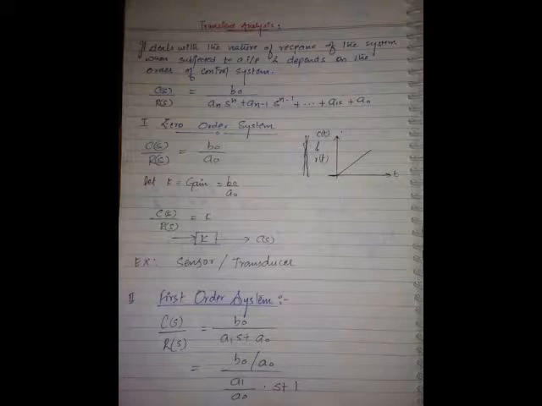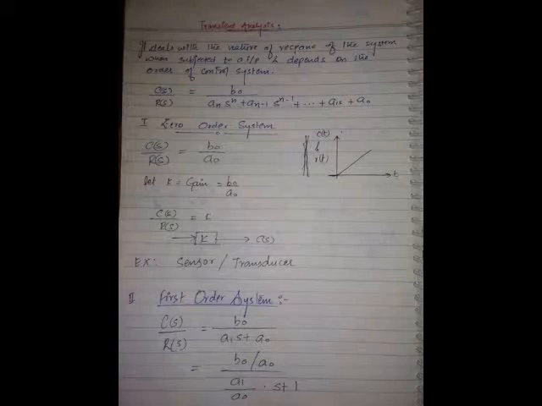Second type of systems are called first order systems. Now the definition of a first order system is, in this generalized transfer function, when all the terms except b0, a1 and a0 are 0.